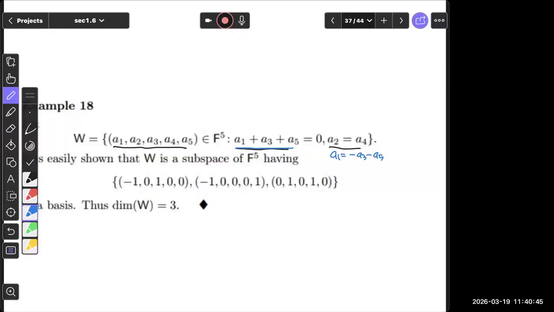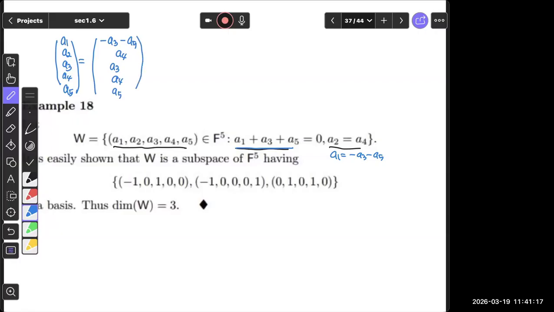So I'm considering a set of vectors A1, A2, A3, A4, A5, where A1 is the same as minus A3 minus A5, and A2 equals A4. And A3 is A3, A4 is A4, and A5 is A5.